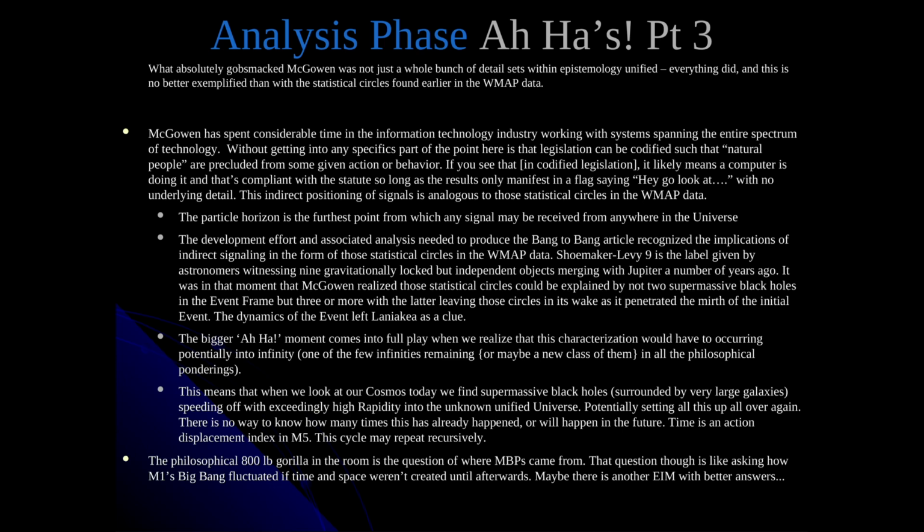And they don't, because in the M1 frame of reference, the Big Bang occurred because of quantum fluctuations in finite regions of space. In the M5 incarnation, lens, however you want to think about it, it happened the way it's articulated in that Bang to Bang article.